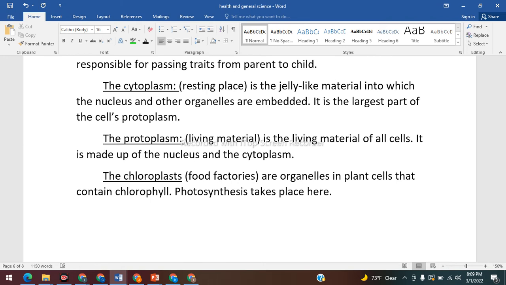Okay, next up is the cell wall. So the cell wall, of course, this is unique to which cell? Animal or plant? Plant. Yeah, only plant has a cell wall. So it's a sturdy what? Sturdy covering. Yes, sir. And there's a non-living layer.